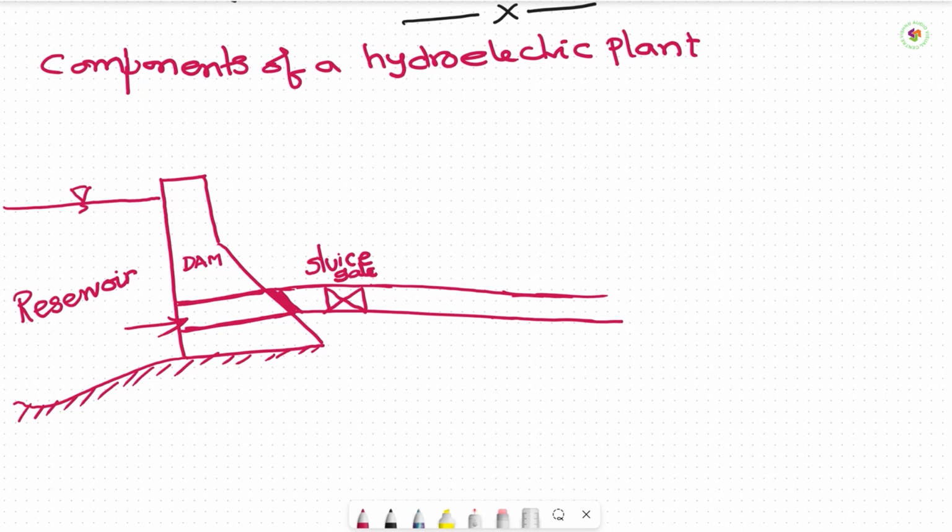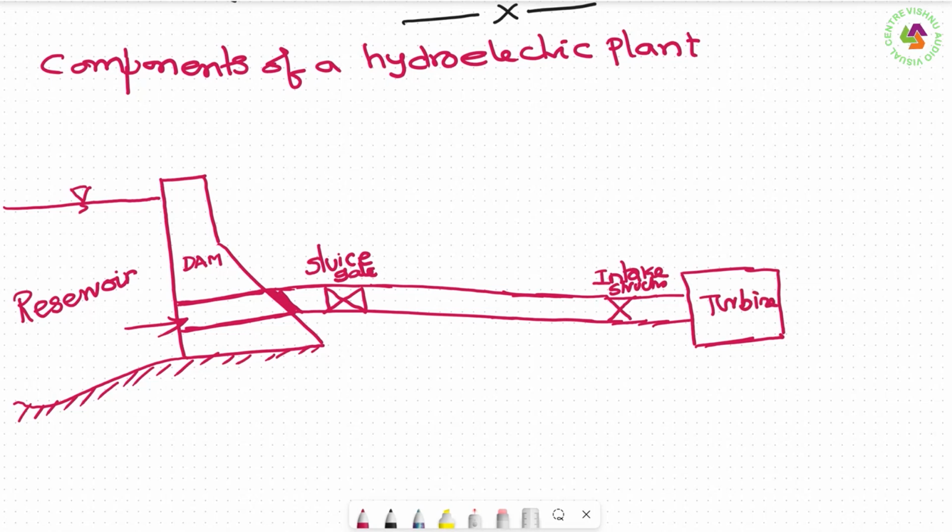And then here we construct an intake structure. This is what we call the intake structure, or intake wall, whatever you call. From the intake wall, it is sent to the turbine, right? The turbine is connected to the generator.